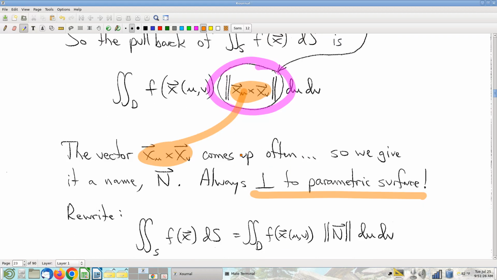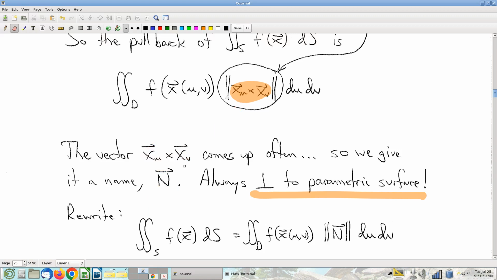Anyway, punchline. This vector is worthy of having a name and a notation. And so we're going to call this the parameterized normal vector, and use this notation, capital N, which seems to me to be standard. I've seen this in multiple books, and that's a reasonable choice. All right.